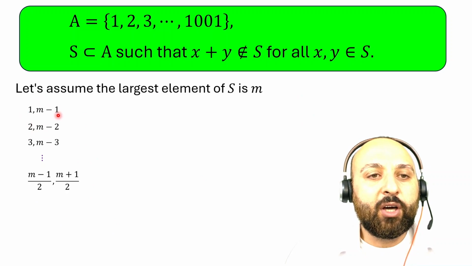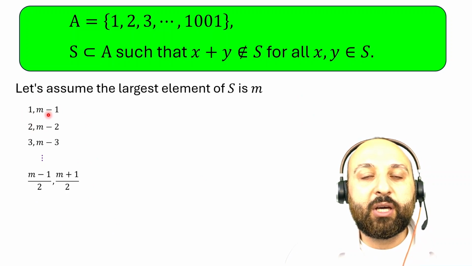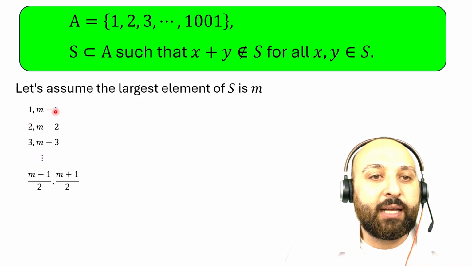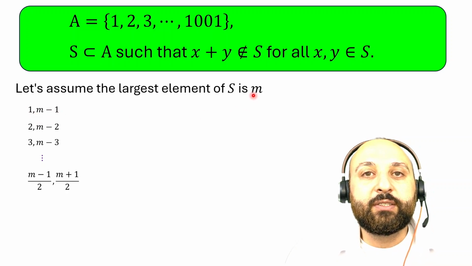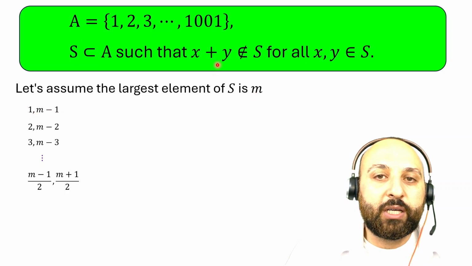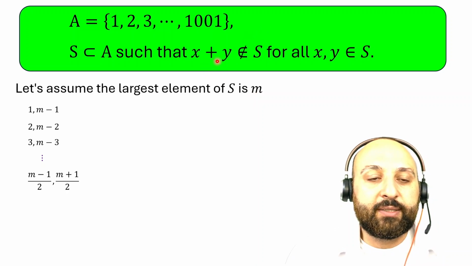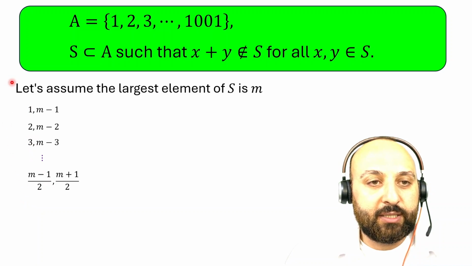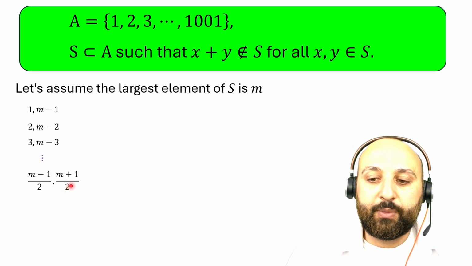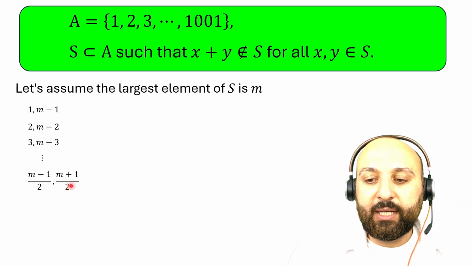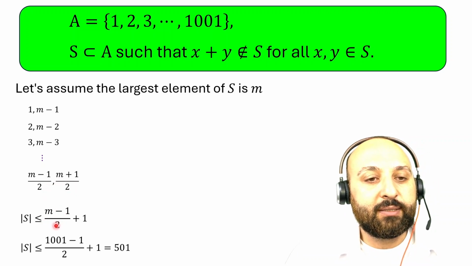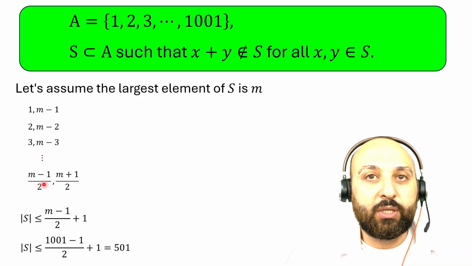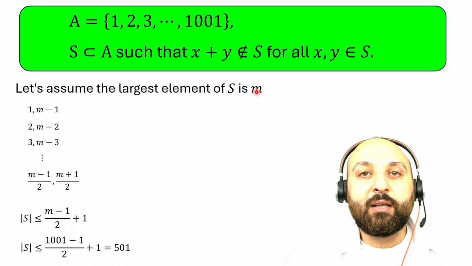Obviously we cannot have both of these elements at the same time in the subset S, because if we add them together, it gives us M, and since M already exists in the subset, this violates the properties of S. So from all of these, we can only select half of them. The size of S is limited to M minus 1 divided by 2, and then we have M itself, which is 1.